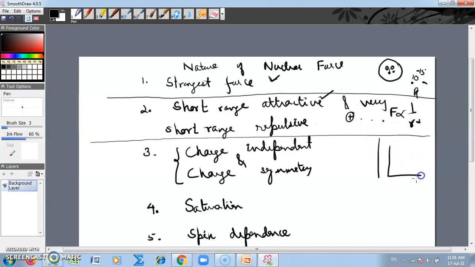If r is the distance from the center of a nucleus, then up to this point where r is equal to capital R, the radius of the nucleus, the force is very strong. Beyond this, it becomes 0. That is very strange, because gravitational, electromagnetic and all these forces that are known to us are not of this type. So that is very short.